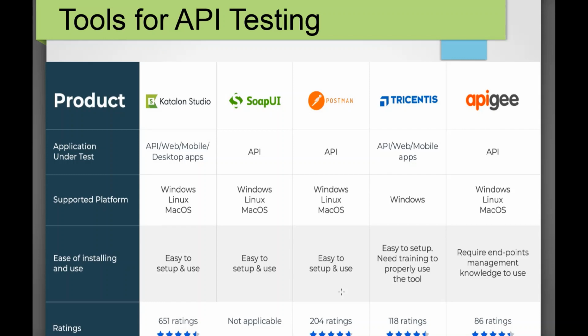Now we will see what tools are available in the market for API testing. We have Katalon Studio, SoapUI, Postman, TestProject, Tosca, which is used for API testing as well, and Apigee. Katalon Studio is useful for API, web, mobile, and desktop applications. SoapUI and Postman are only for API testing, and Tosca is used for API, web, and mobile applications, and Apigee only for API testing.